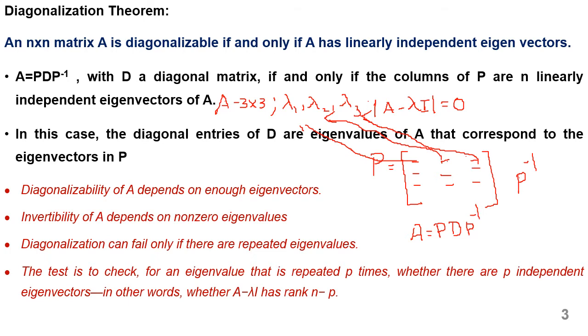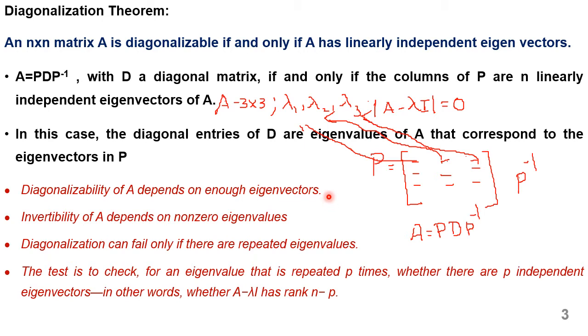Let us try to understand some of the cases, or the impact of eigenvalues and eigenvectors on diagonalizability and invertibility. Diagonalizability of A depends on having enough eigenvectors.